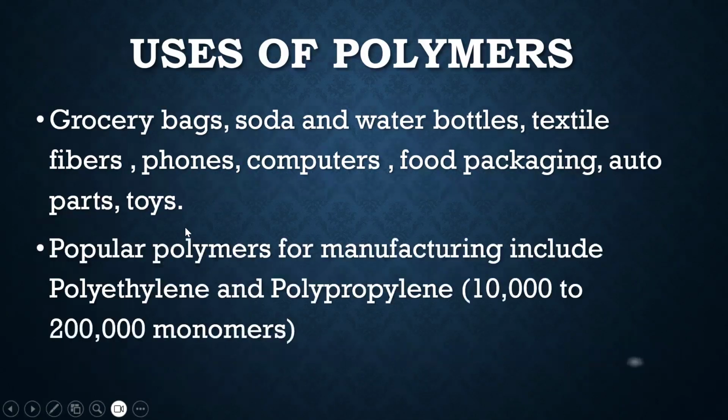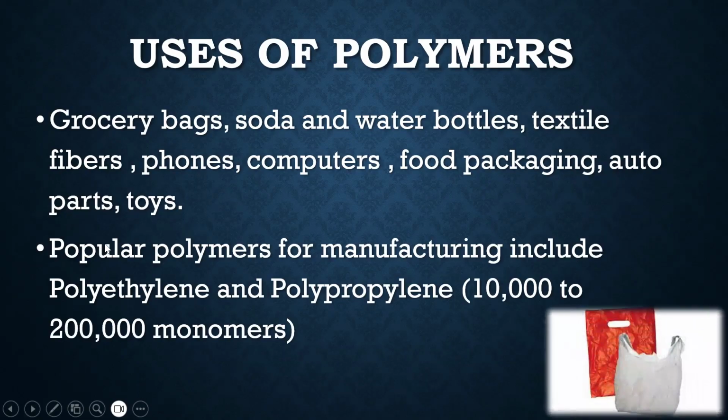All of these are polymers. Popular examples of polymers are polyethylene and polypropylene, and they are composed of from 10,000 to 200,000 monomers.